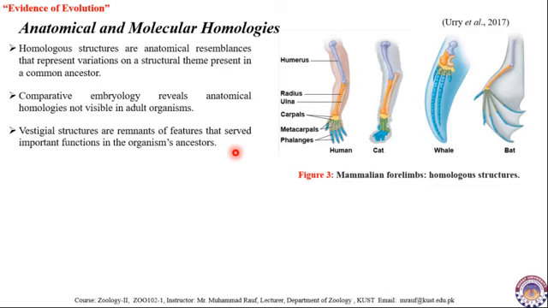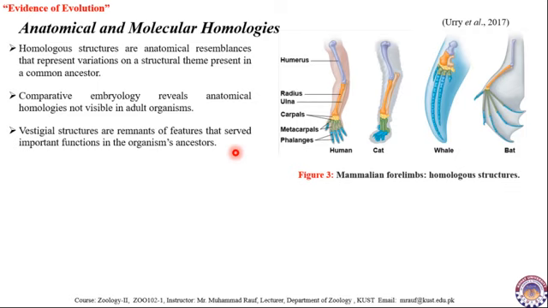Another example is similarities at the molecular level. The DNA composition, the 4 types of nucleotides, adenine, guanine, thymine, and cytosine, that compose the DNA, the ATP, which is the energy currency of the cell in almost all types of organisms, the glucose breakdown pathway where the glycolysis, Krebs cycle, and electron transport chain occur.